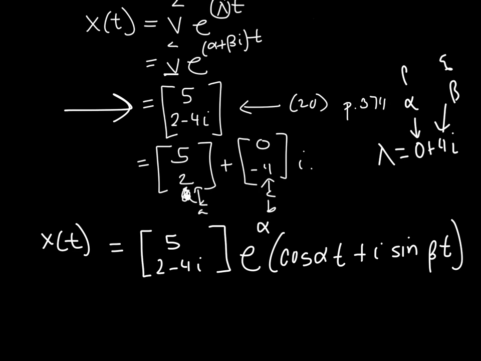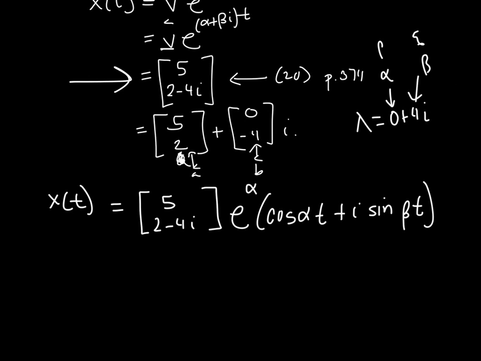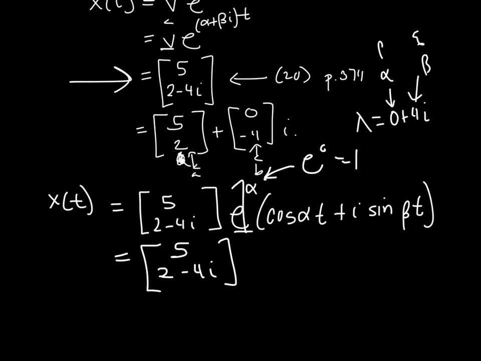You might have seen this in a trig or pre-calculus class. It's just another way of writing a complex number. Now let's insert a few things. Here's my 5, 2 minus 4i. e to the alpha t, well, alpha is 0, so this is e to the 0, which is just 1, so I don't need to write it.